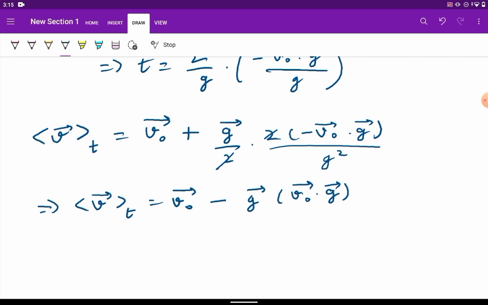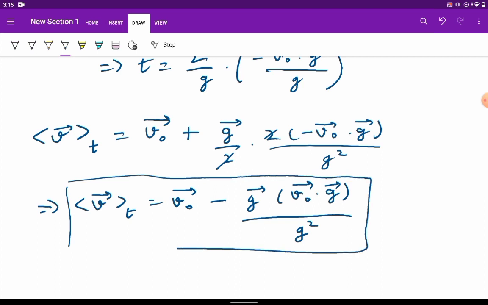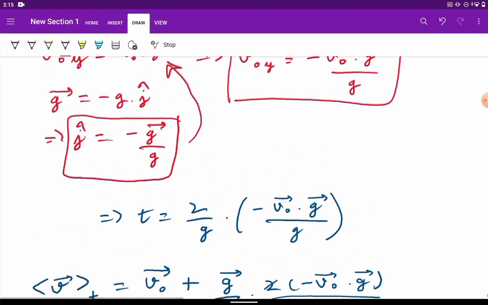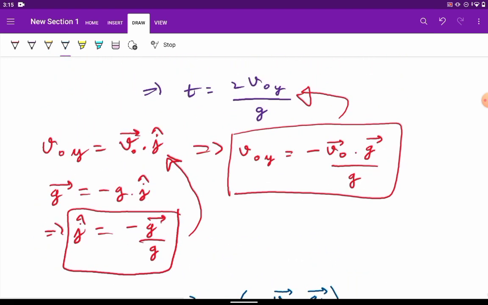So minus g times v naught dot product with g divided by the square of the magnitude of g. This was basically a manipulation of how we can use the dot product. It's not a very difficult manipulation, but it's always better if you understand this in terms of dot products. It's very easy to understand.